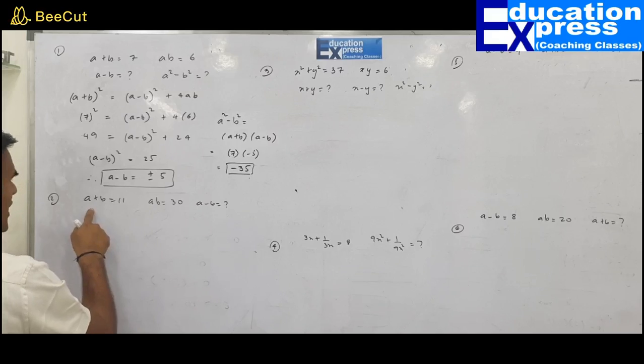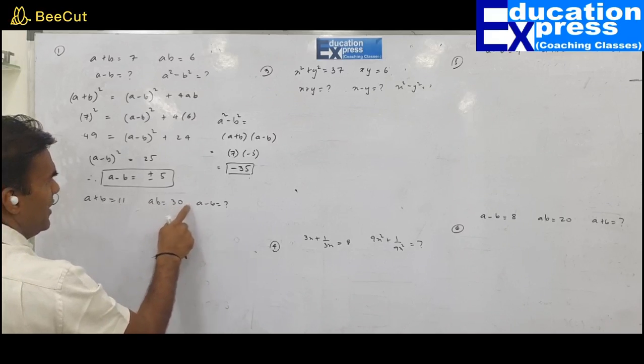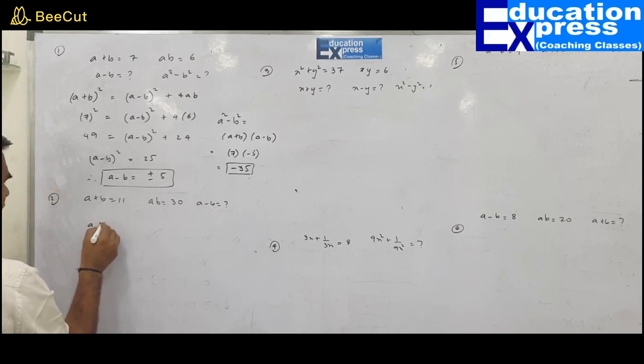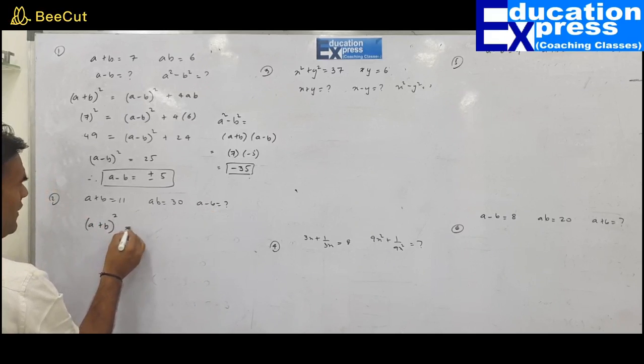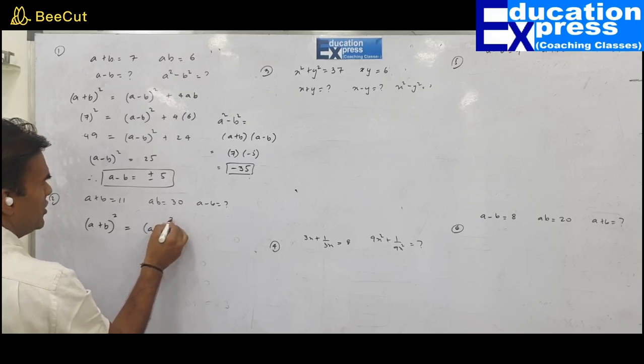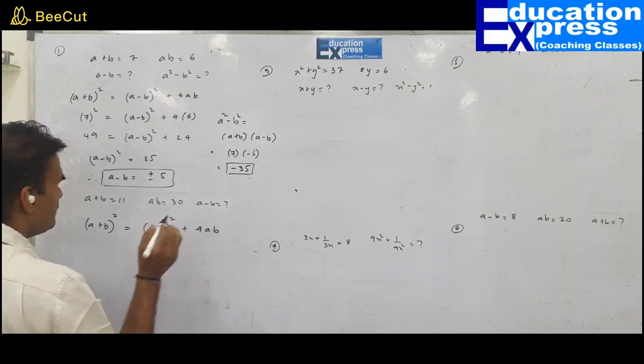What about this question? a + b is 11, ab is 13, find a − b. Again I am going to use the same formula. (a + b)² = (a − b)² + 4ab.